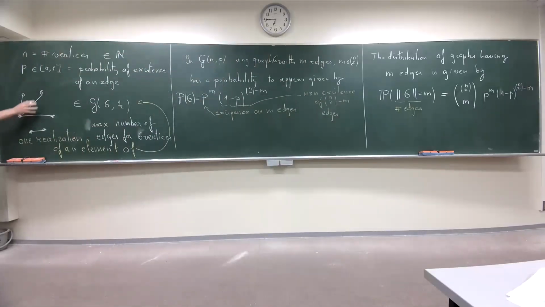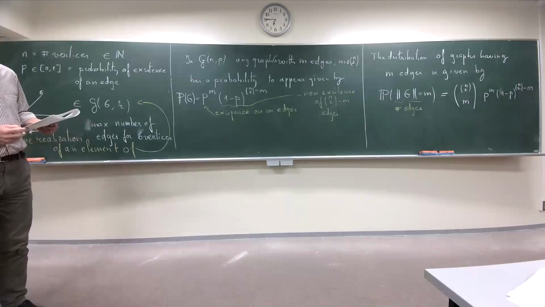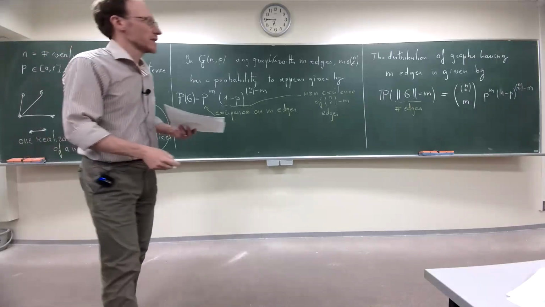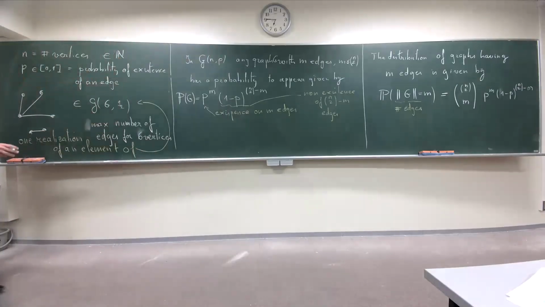If you want m edges, you choose. Where does this prefactor come from? If you take m, here it is 4. How many possibilities do you have to put these 4 edges between these 6 vertices?